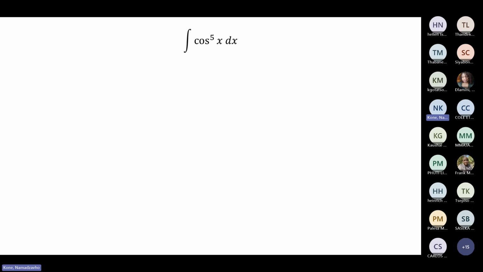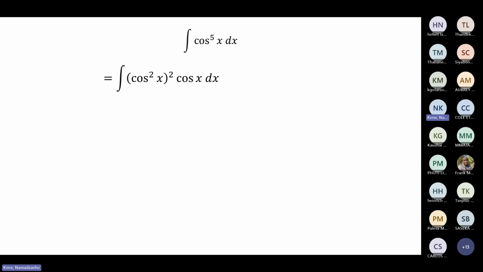So it means it will be cos power 4x and cos of x. And that cos power 4 is the same as cos of x raised to the power 4, which is the same as cos squared x squared, multiplied by a single cos x dx.